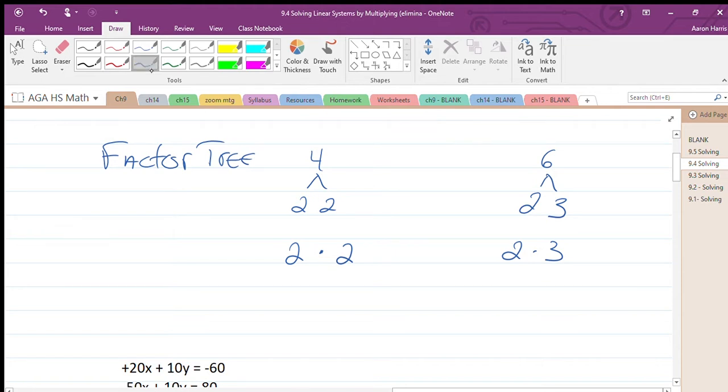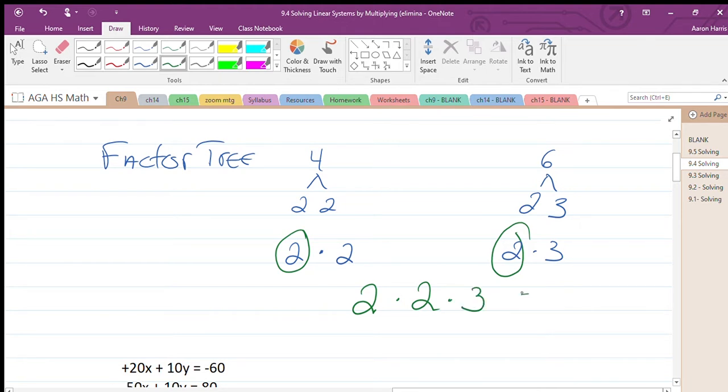We are going to circle all the ones that are duplicates. So I have a 2 here, I have a 2 there. We only write that once. Then I have a 2 here. Any 2 over here? No. So I can write that 2. Then I have a 3 on this side. I have no 3 over here, so I write the 3.